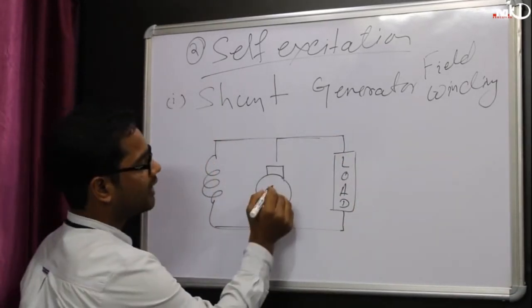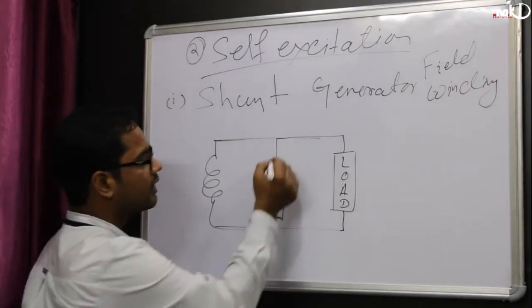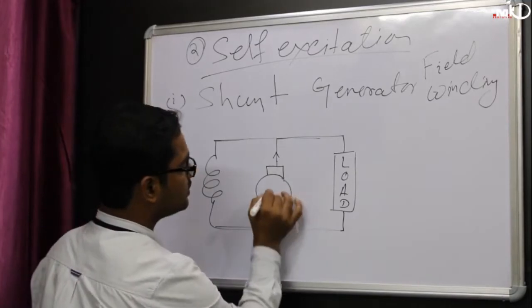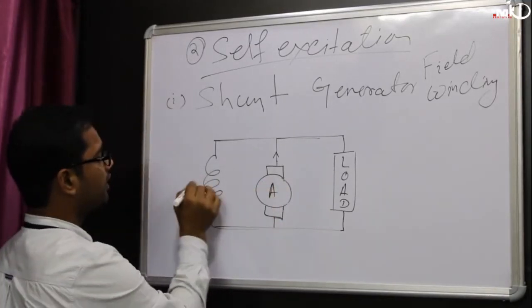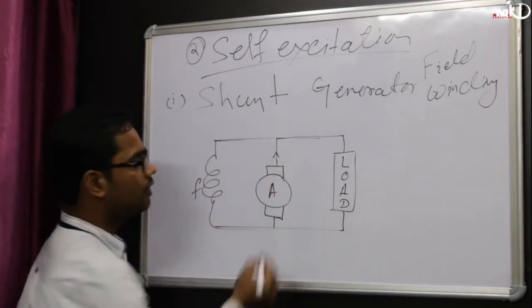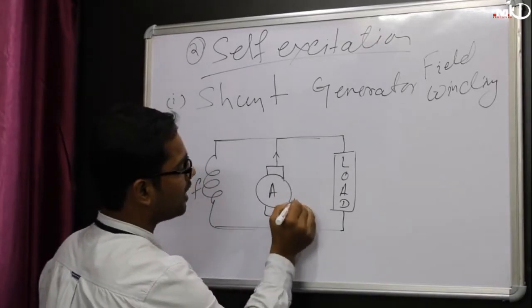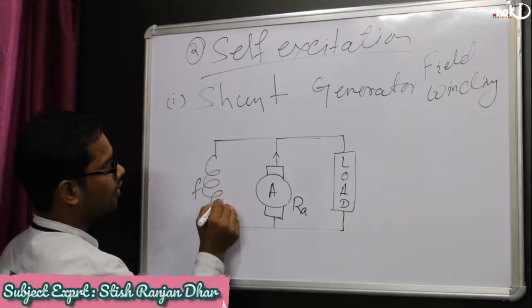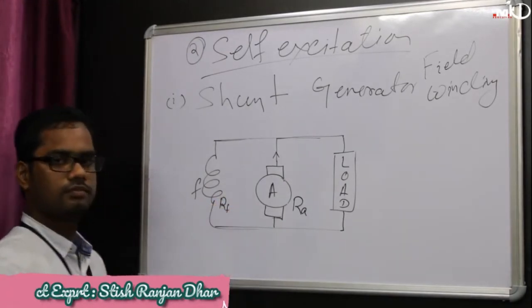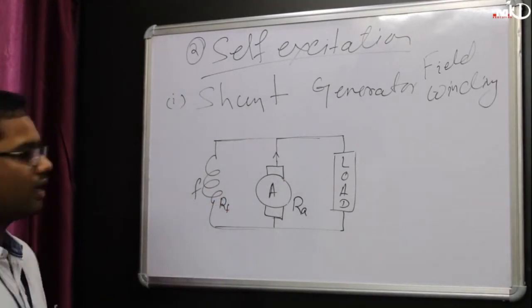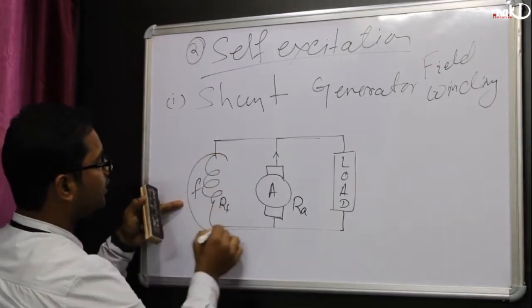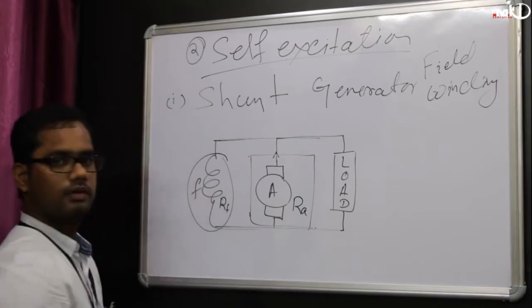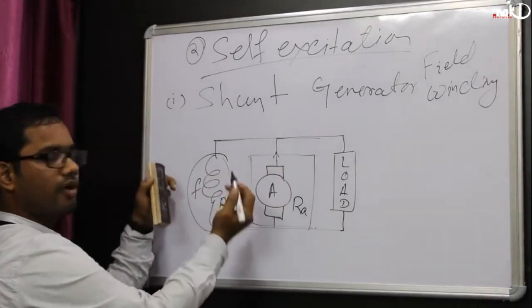Now here, whatever the generation is there, then current will be produced here. So this is your armature, this is your field. The resistance of armature is RA, resistance of field is RF. But what is shunt here? Now this field is parallel to your armature.